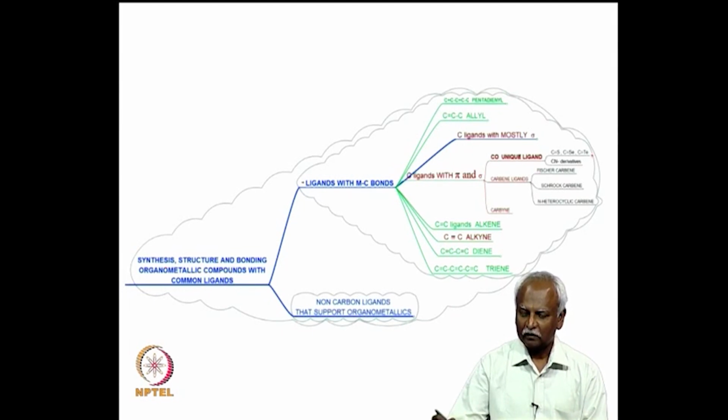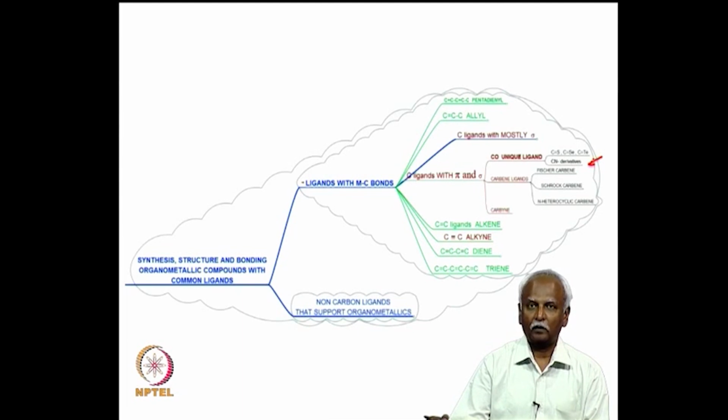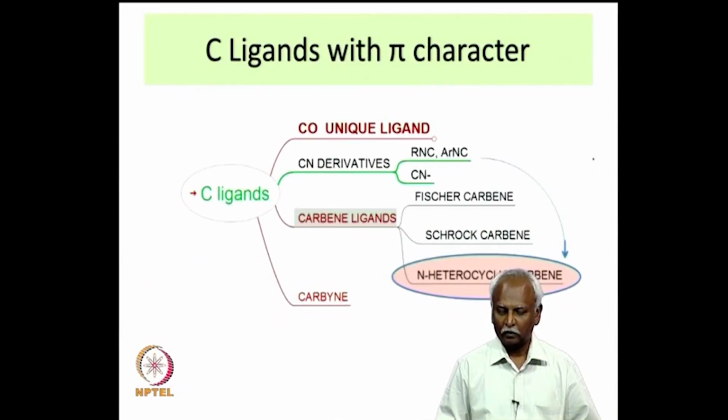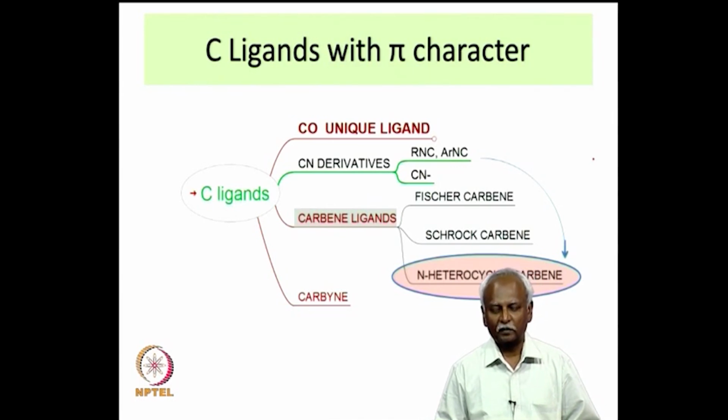So, there are some derivatives of carbon monoxide, such as the cyanide, which I am highlighting here, which have a special ability to transform in the coordination sphere of the metal to some other ligands. We have seen this in the lecture on N heterocyclic carbenes.